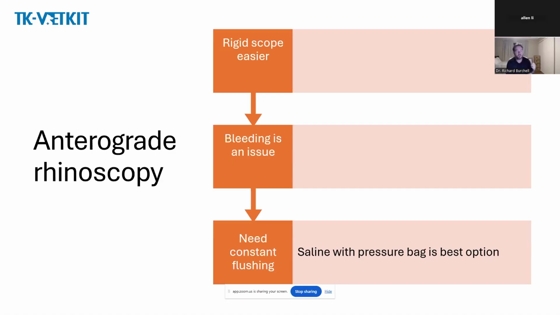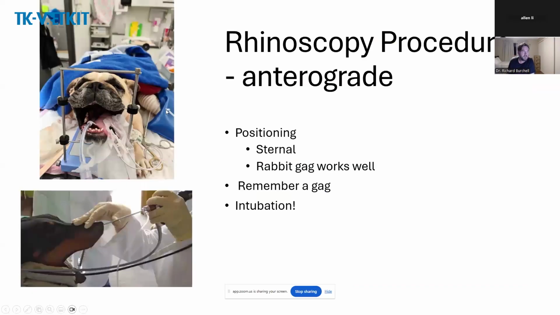The nasal mucosa is extremely delicate and friable, and particularly if they have rhinitis or inflammation, it becomes extremely friable and it's prone to tear and bleed. And so you really need saline with a pressure bag. So I have a saline line connected to the flushing port of my scope, and we run constant flush with that. And you've got to make sure that your nasopharynx and your airway is protected while you're doing this.